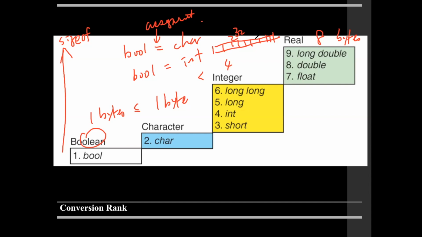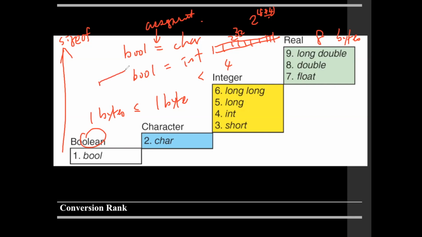Integer is 4 bytes, which is 32 bits, because each byte is 8 bits. So 8 times 4. Each byte is 2 to the 8th, and there are 4 bytes here, so 2 to the 32. Now that's 32 ones and zeros lined up here. And you try to fit this structure into 1 byte.